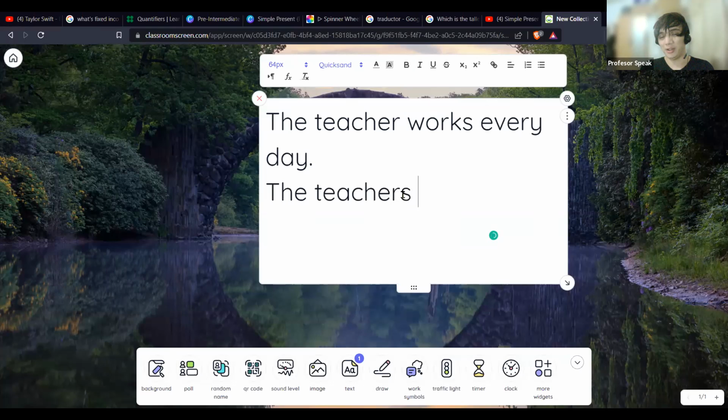In this case, because I have my S here, I'm not going to add it here, because I'm using S here. So I'm going to eliminate this one. So we say the teachers work every day. In the first sentence, we are talking about just one teacher. In the second sentence, we are talking about many teachers, maybe 5 teachers, 10 teachers.